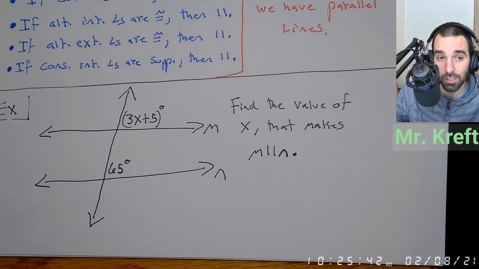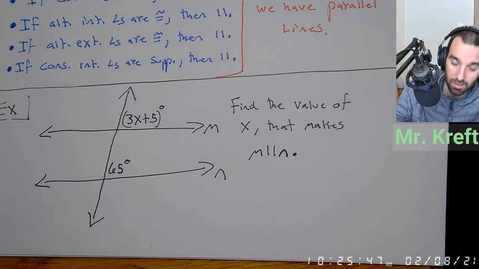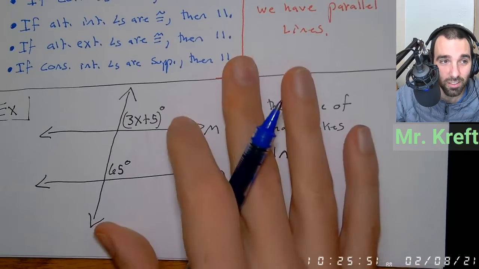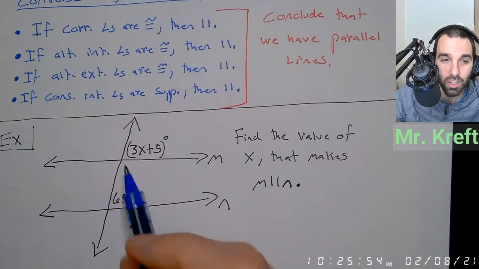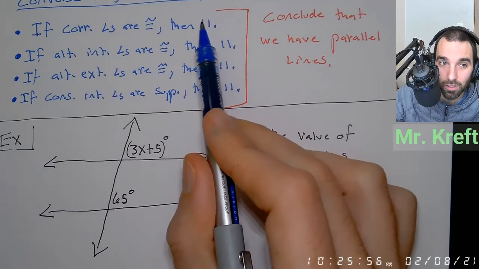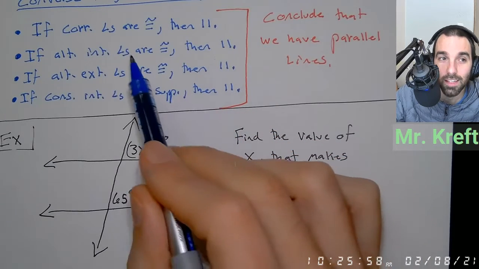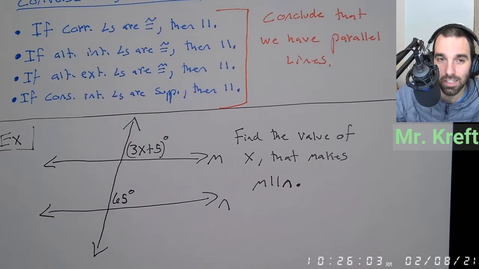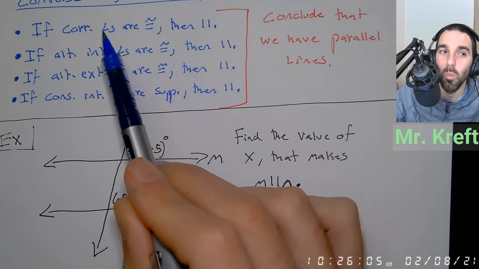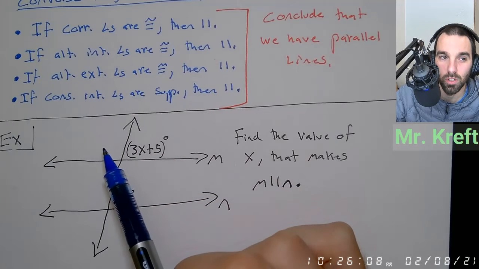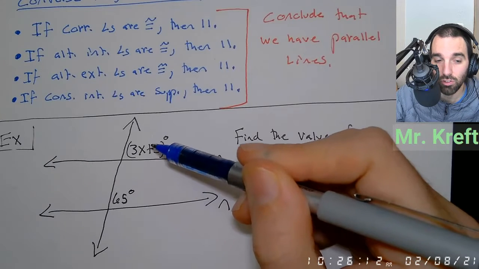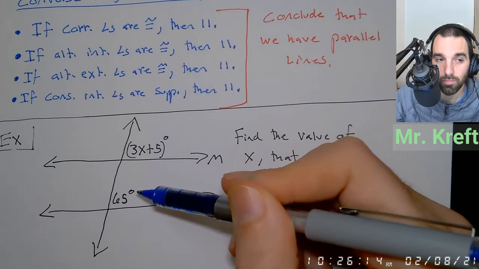The difference is it's going to be our reasoning, our logic. I have my list and my picture. If these lines are going to be parallel, do you see how these are my conclusion? Then one of these has to be true. So let's take a look. You can type this in chat: what angle relationship do we have here?